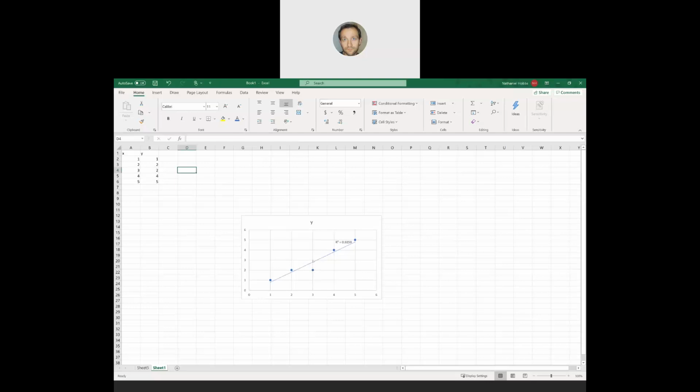That would make this line more accurate, because I'll be reducing the error associated with this point at 3.2. So instead of 3.2, let me do 2.5. There. Now I push it up.